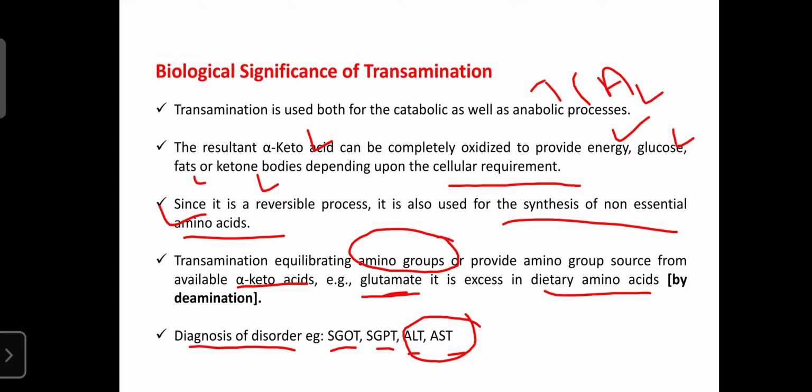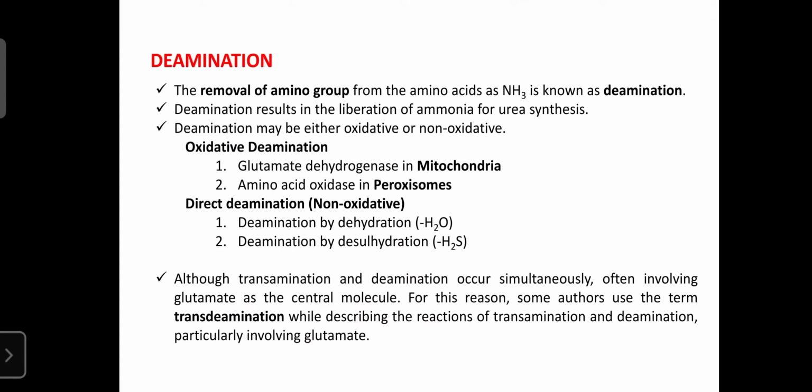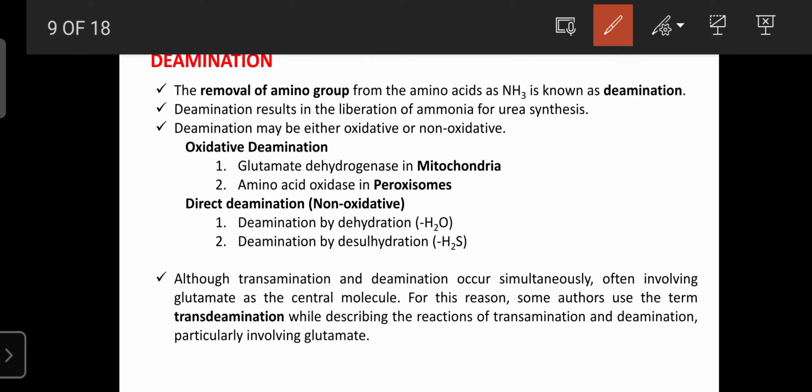Okay, so next we can go to deamination. Deamination is simply the removal of the amino group from an amino acid as NH3. That is the removal of the amino group from amino acids.